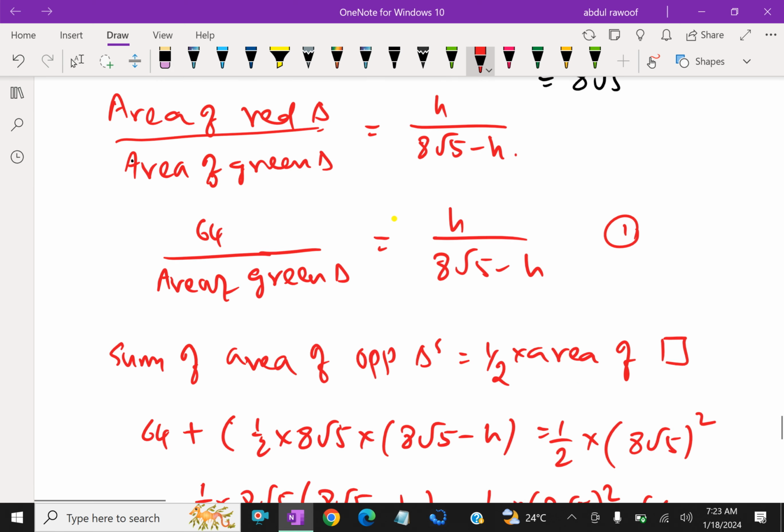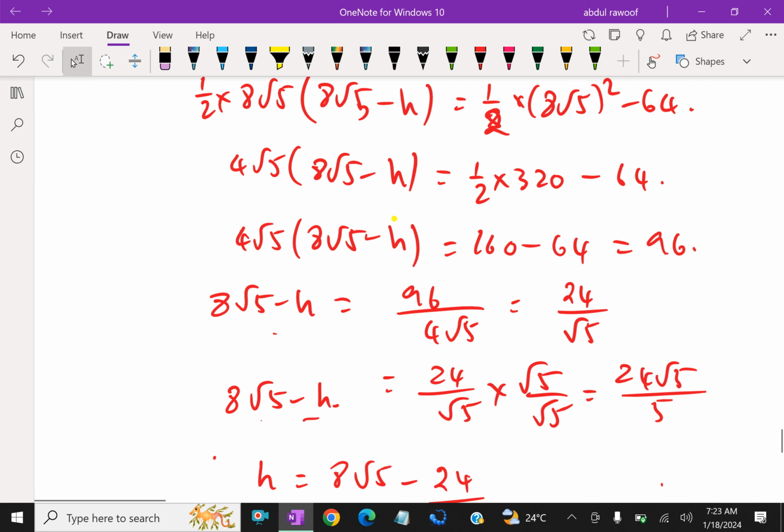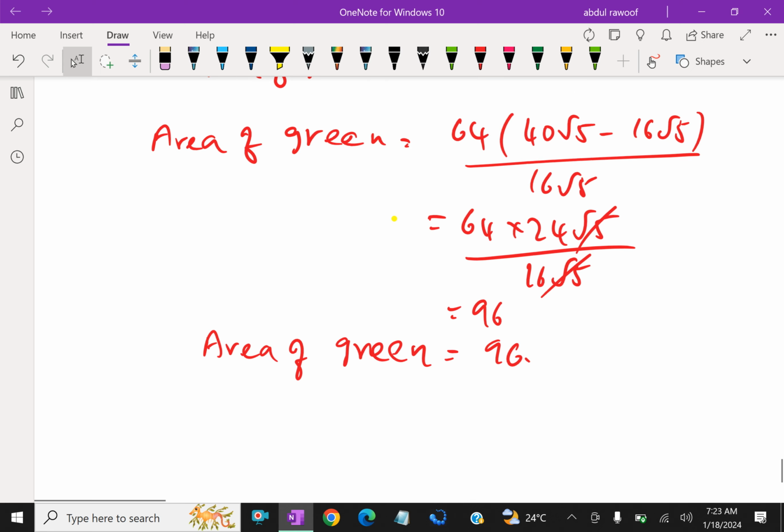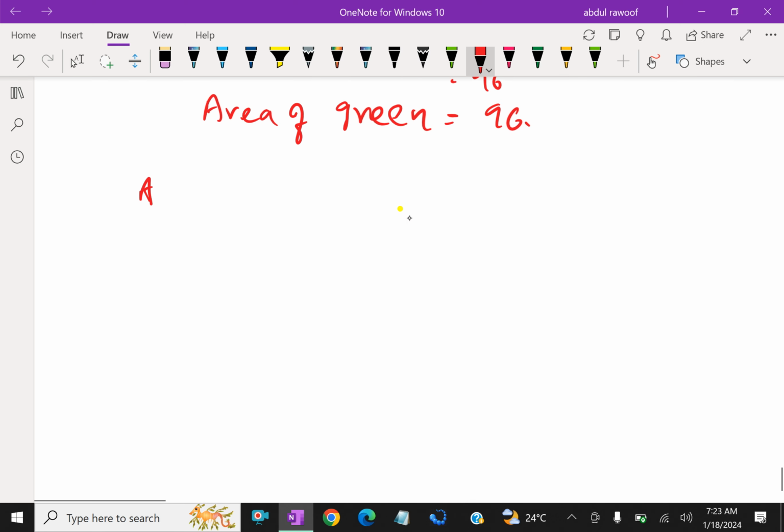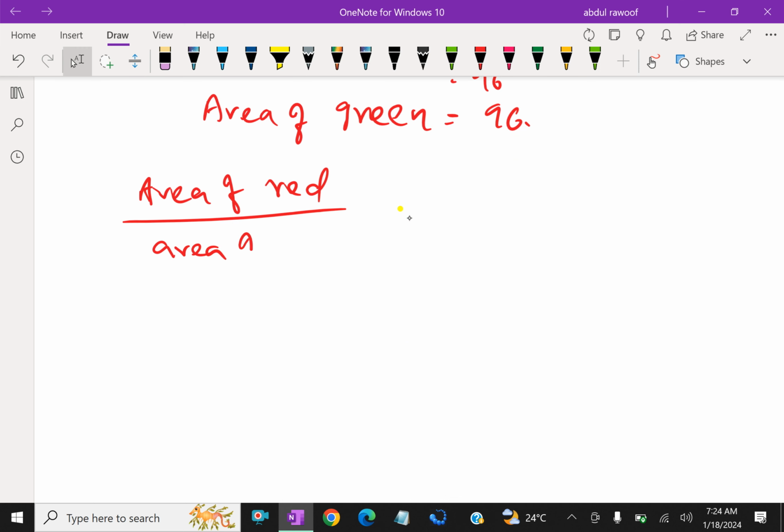Now we can also find the ratio: area of red over area of green equals 64 over 96, which is 2 over 3.